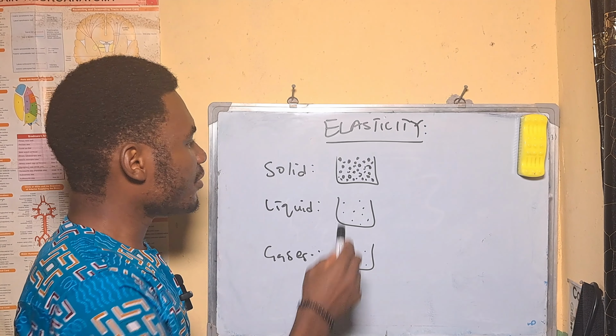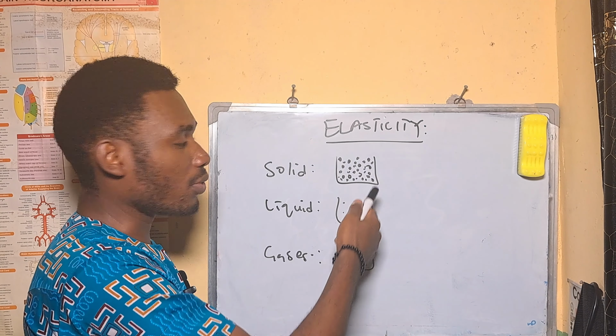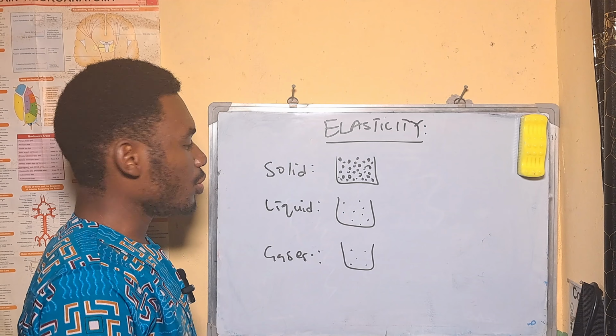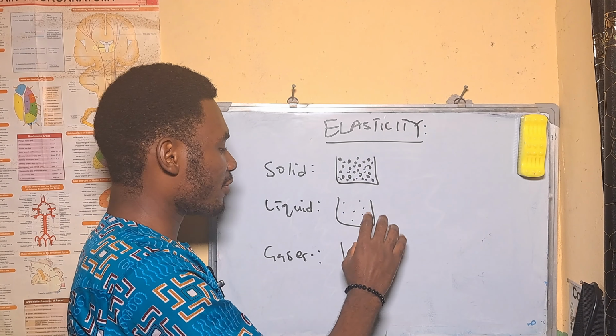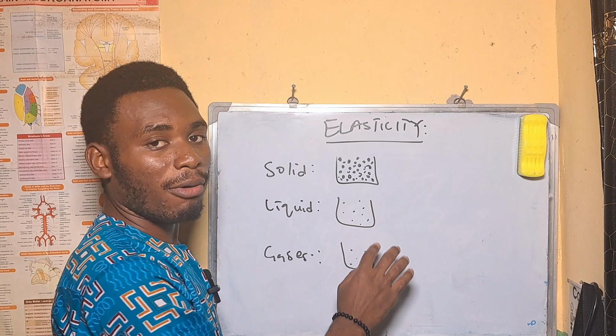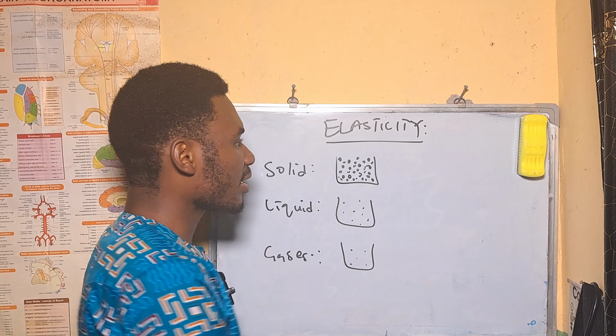If these dots denote the particles of these states of matter, you can agree with me that the particles of solids are more packed than those of the liquid, and those of the liquids are more packed than those of the gases.